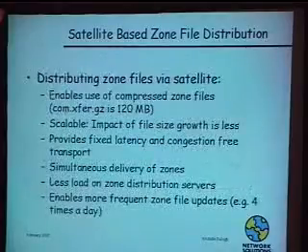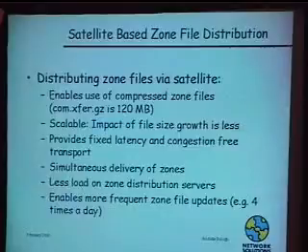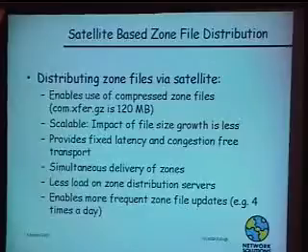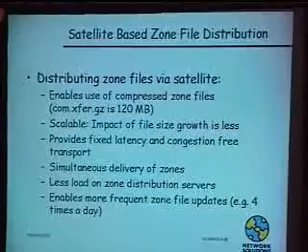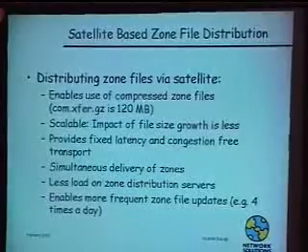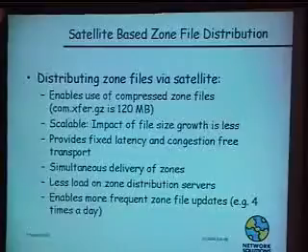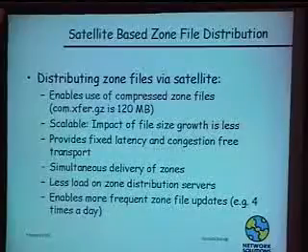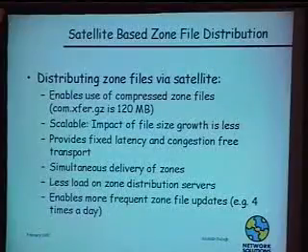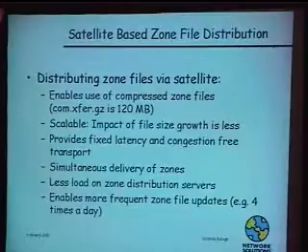So we're thinking about doing satellite. And if you compress it, you get about 120 megabytes for COM from 1.4 gig. So you can see that compressing the zone helps. One of the things that we like about satellite is that we'll get perhaps a fixed latency and congestion-free sort of transport, and be able to transport these zones to the various locations in a reasonable time, at approximately the same time.